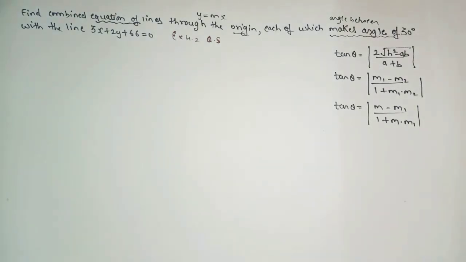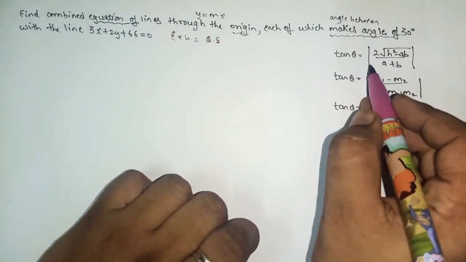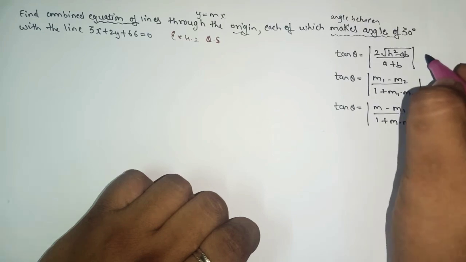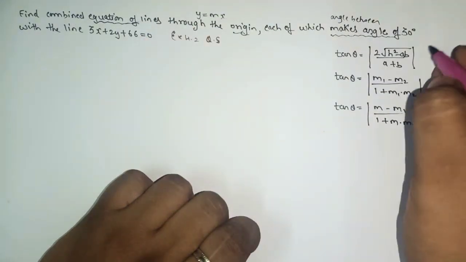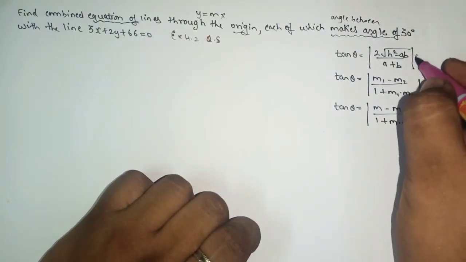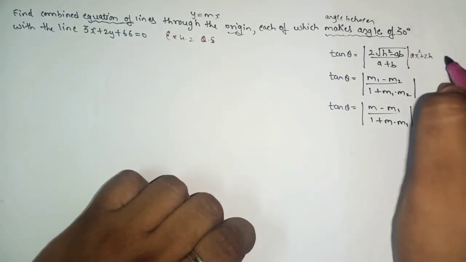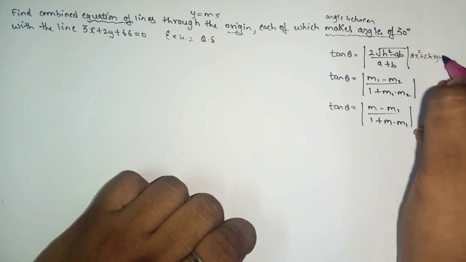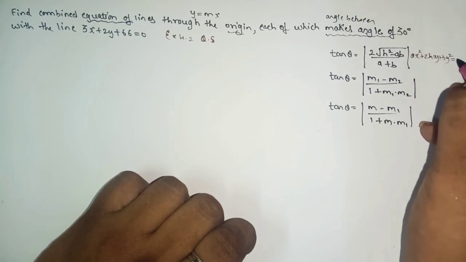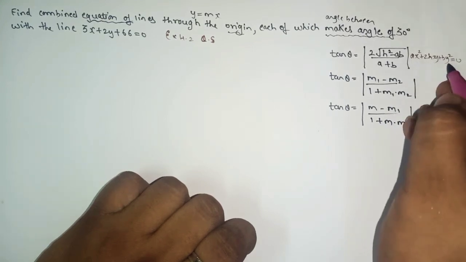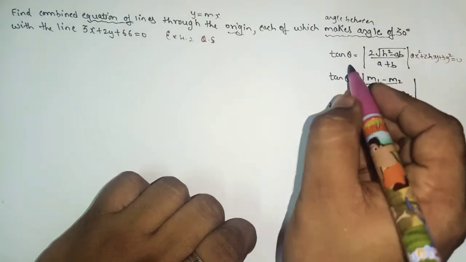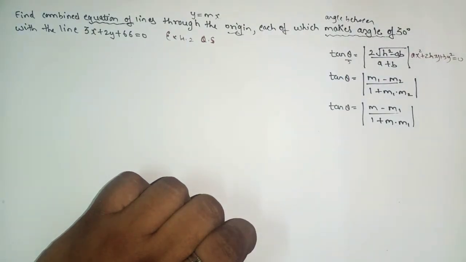Now remember, you apply the first formula when the equation contains ax square plus 2hxy plus by square equals to 0, where you will get the values of a, h and b. Substitute the values, you will get the value of angle theta.